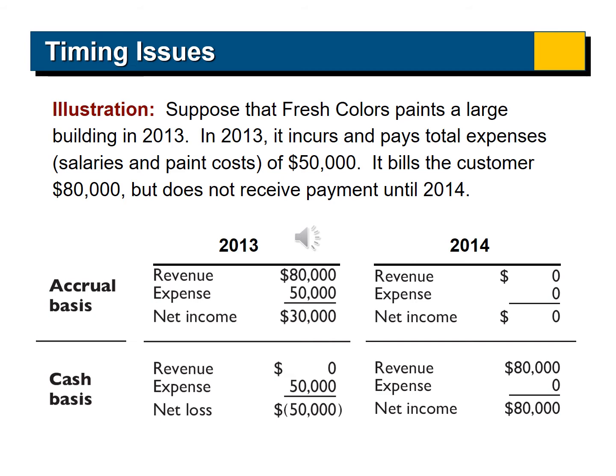On the contrary, in the cash basis accounting, you see the expenses were incurred in 2013, so they are reported in 2013, showing a loss of $50,000, and the revenues were received in 2014, and they reported in 2014 showing a net income of $80,000. So you can see why the cash basis accounting is not allowed under generally accepted accounting principles, because it does not show the true picture of the business operations.